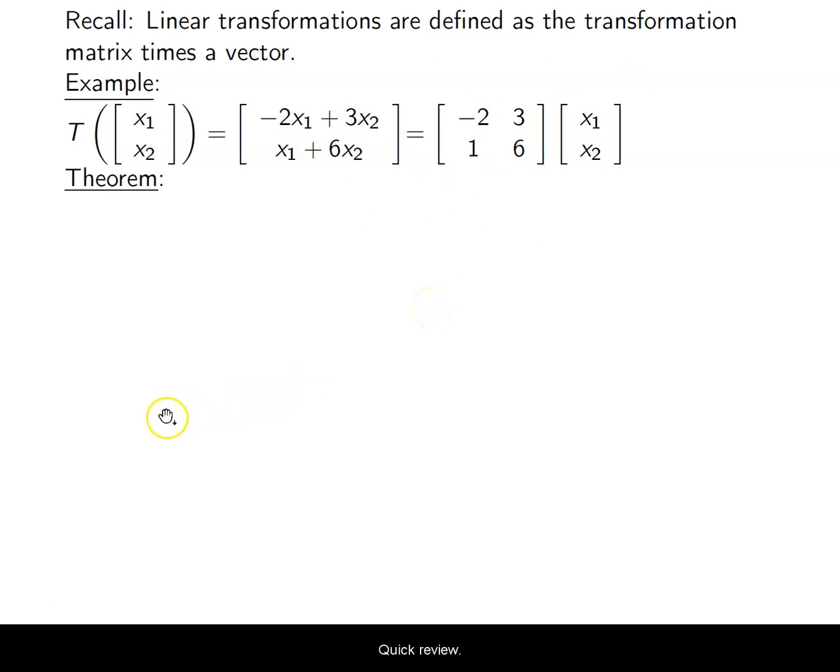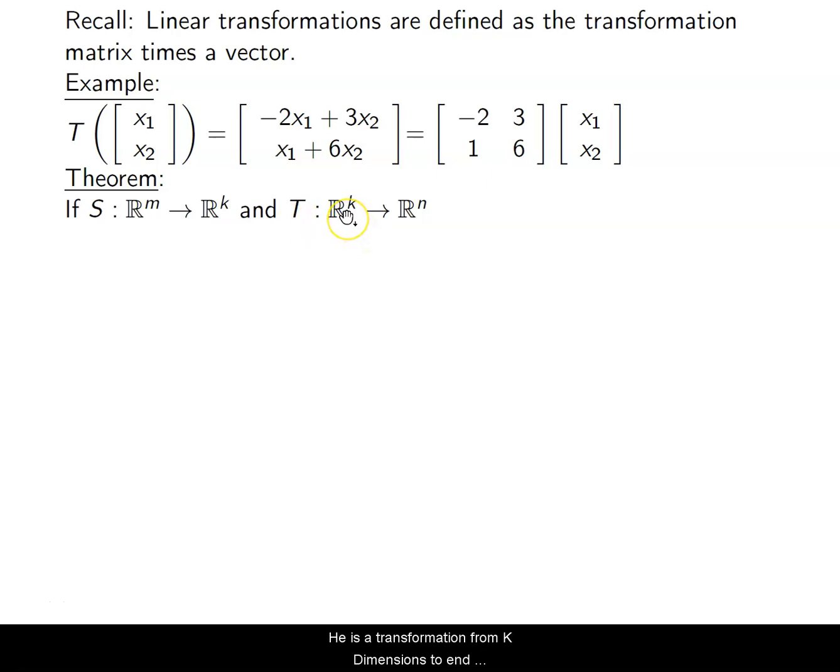So, quick review, right? Now let's talk about the theorem that goes with it. If S is a transformation from m dimensions to k dimensions, and T is a transformation from k dimensions to n dimensions, so notice that these inner dimensions actually match up, right? Pretty important here.